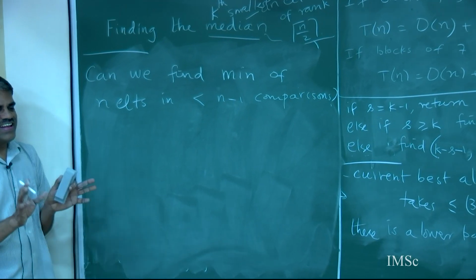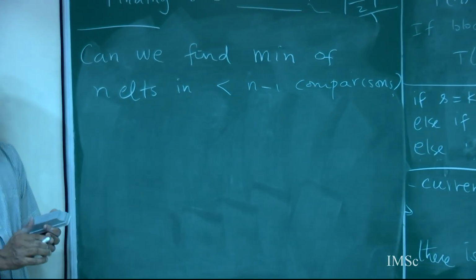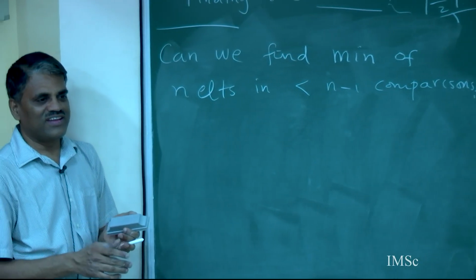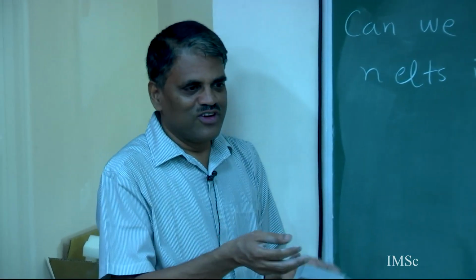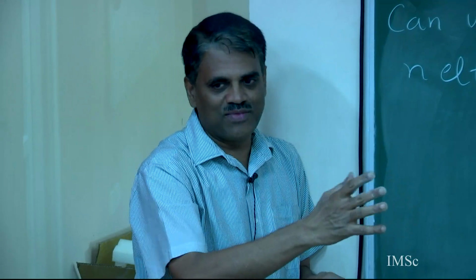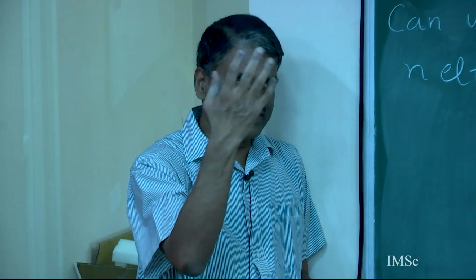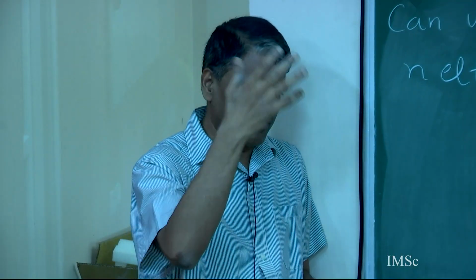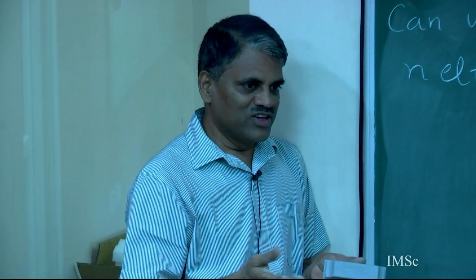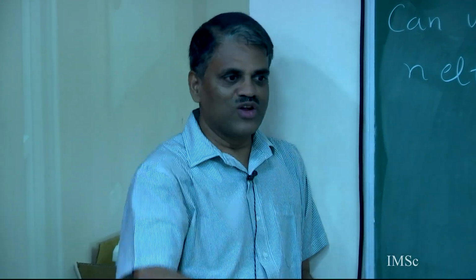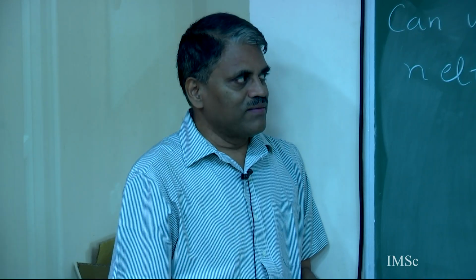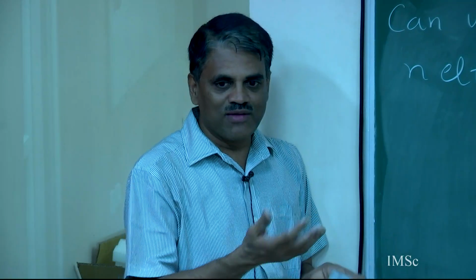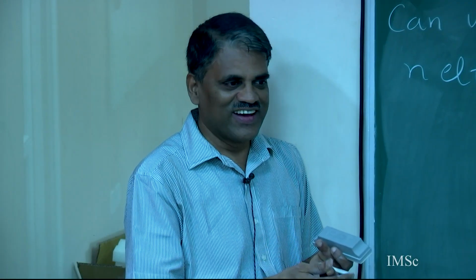So clearly, it's very easy to say you can't do it in root n. Why? Because I have to touch every element. If you don't even consider some element, that guy can be the minimum, that can be the median for all you care. So that would be an argument that you can't do much less than n, right? But touching you can still do with n by 2 comparisons, right?